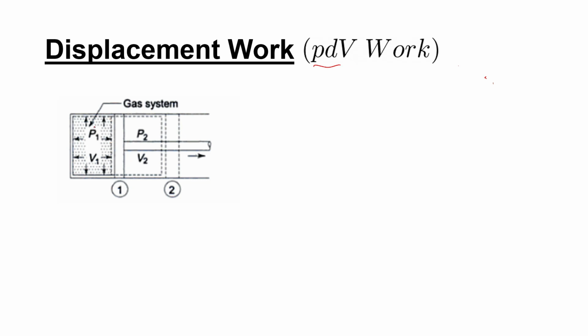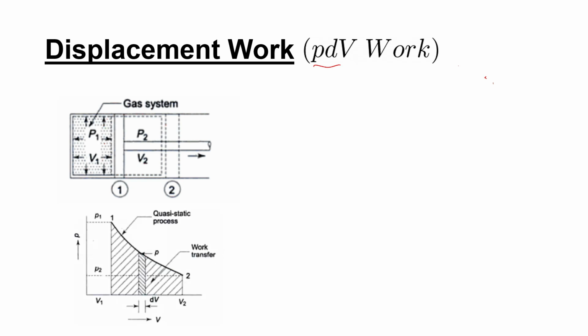If you take the gas as the system, there is energy transfer from the gas to outside, and that is in the form of work, and this is called displacement work, because here this much portion is displaced. It is displaced, that is called displacement work.